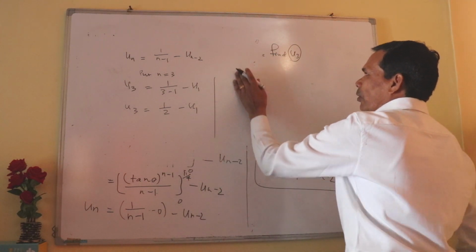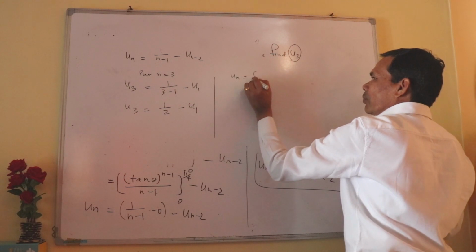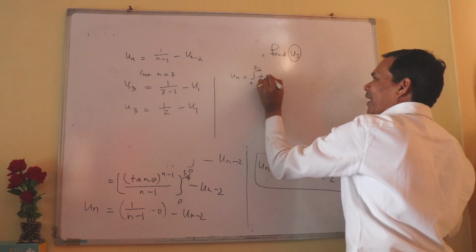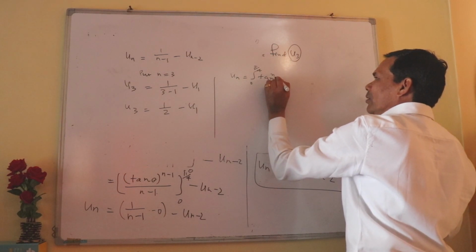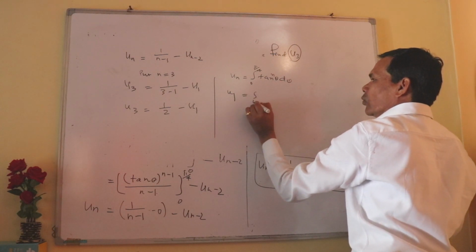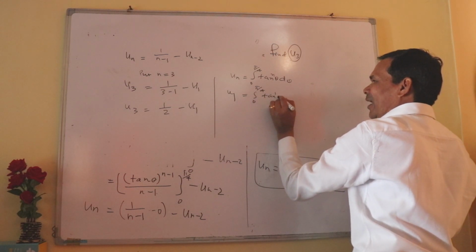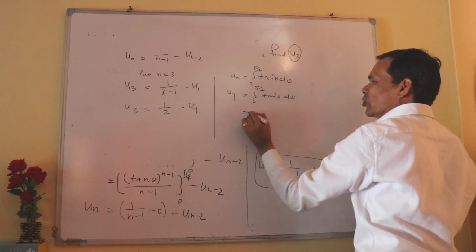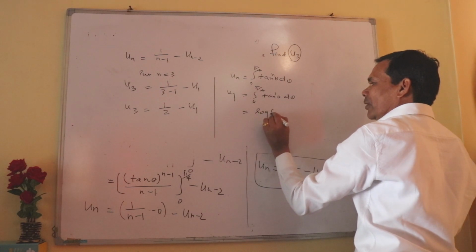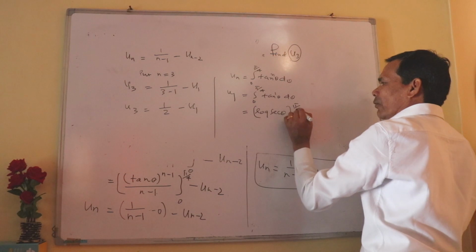But u1 comes from the original integral, un equals the integral from 0 to pi by 4 of tan raised to n theta d theta. Putting n equal to 1, u1 is the integral of tan theta d theta, and the integration of tan is log of sec theta, with limits 0 to pi by 4.